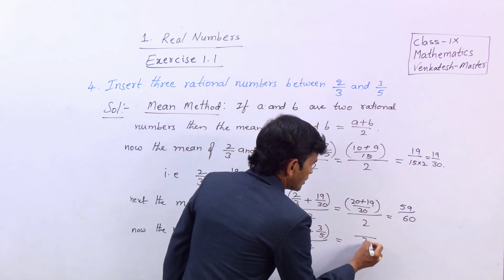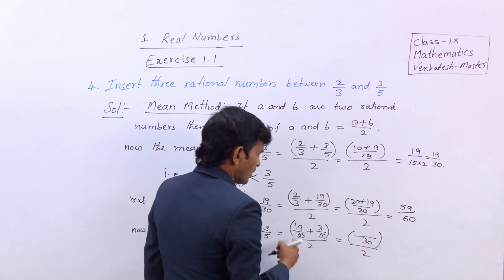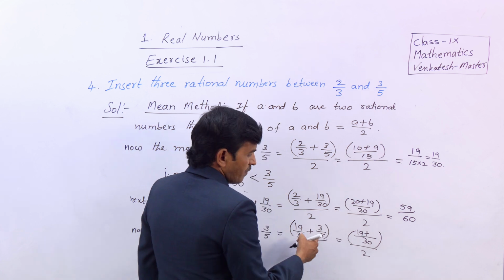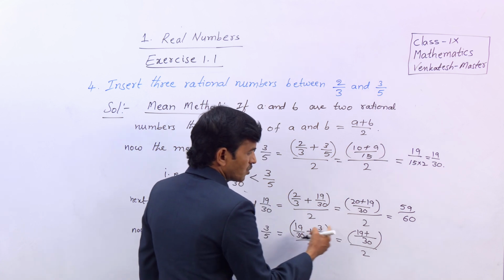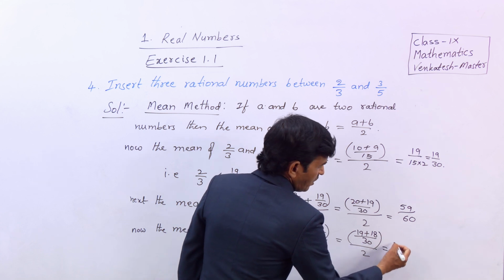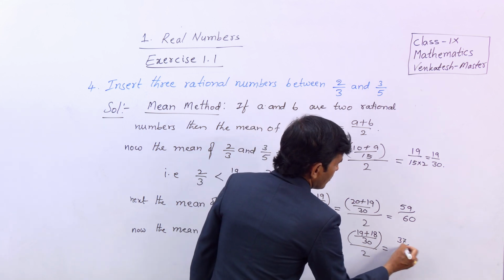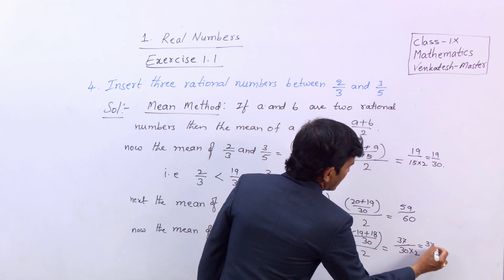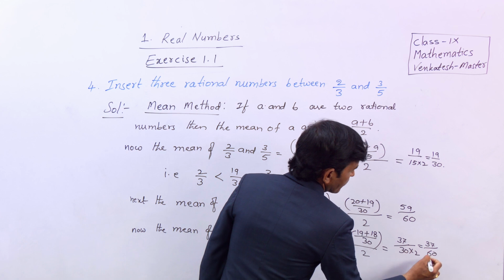So 30 is the LCM, by 2 is the same. Next, when you multiply here, 30 LCM, now 19 plus with 6. 5 6s are 30. So 3 6s are 18, which gives us 19 plus 18, 37 by 30 into 2, which is equal to 37 by 60.